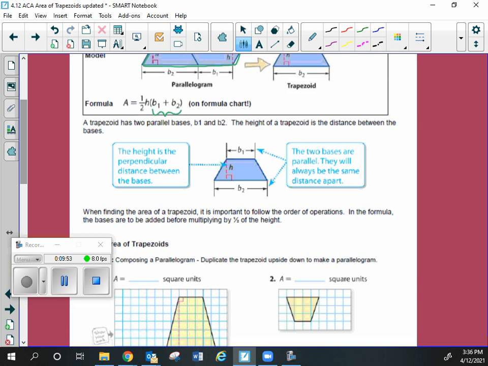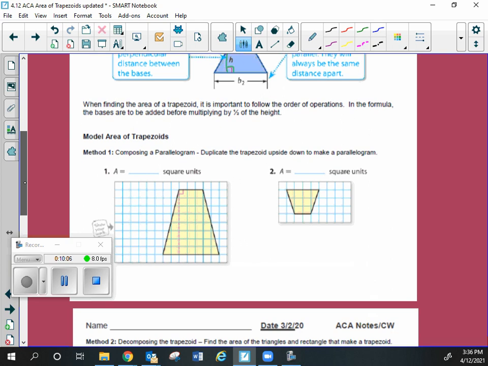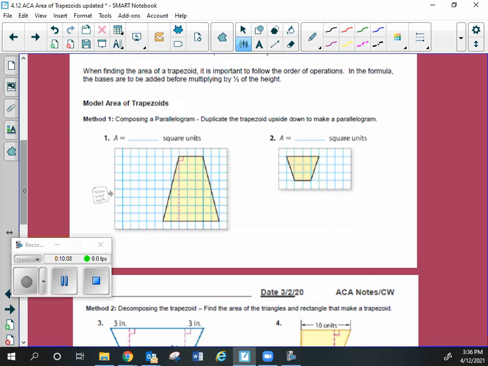And the height, once we remember about the height of a shape, has to be perpendicular. That height has to make a 90-degree angle. So let's look at this first example, method 1 for solving for a trapezoid. It says to duplicate the trapezoid, so make a copy of the trapezoid upside down to make a parallelogram.